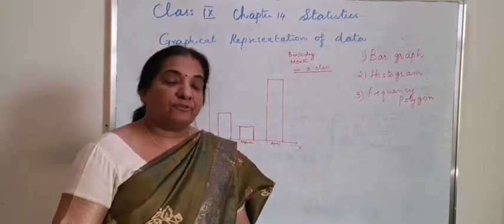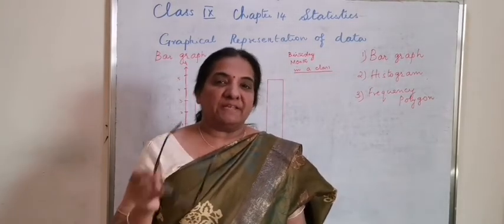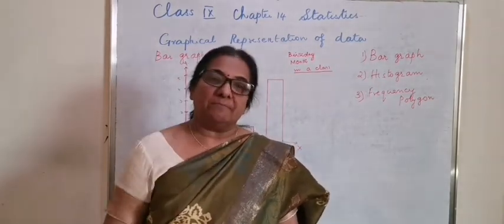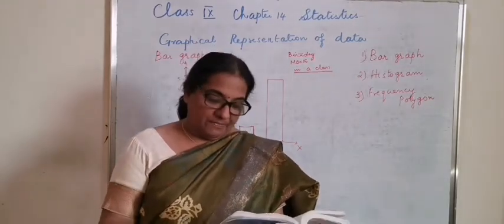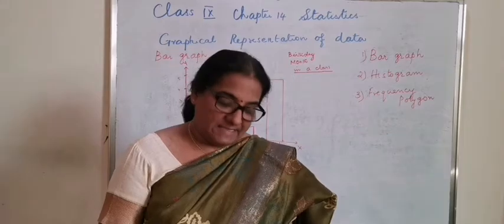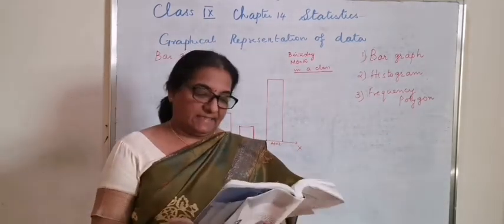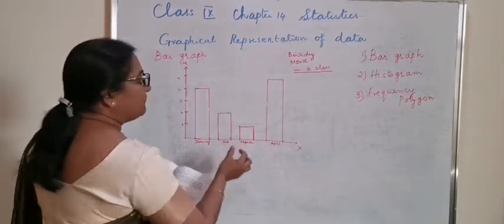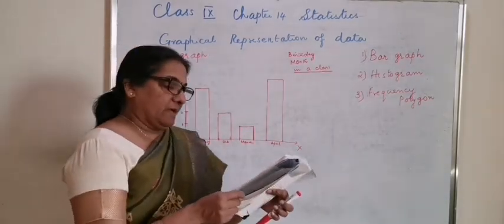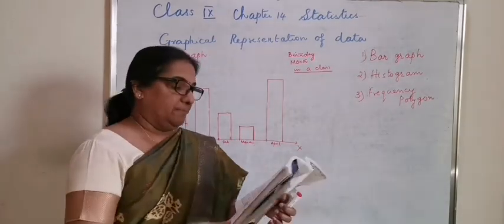The bar graph you are already familiar with from your previous classes. What do you mean by representation of data in a bar graph? You can recall that a bar graph is a pictorial representation of data in which usually bars of uniform width are drawn with equal spacing between the bars.